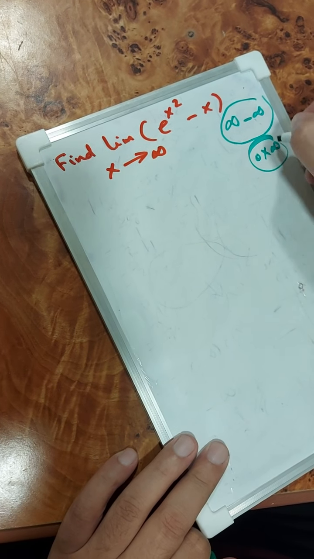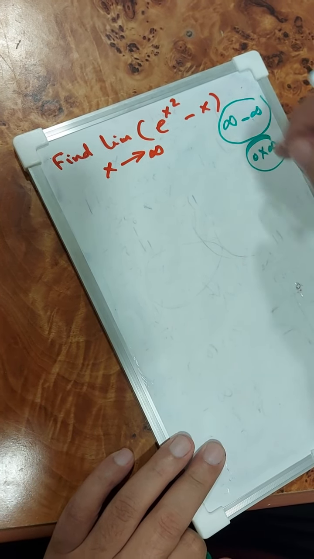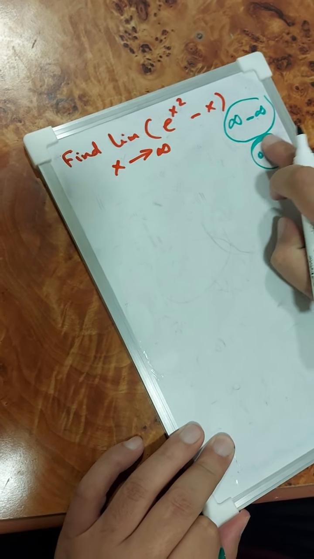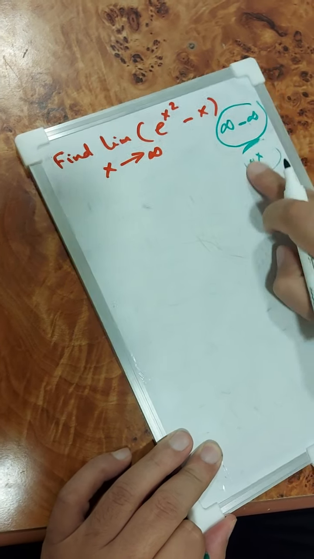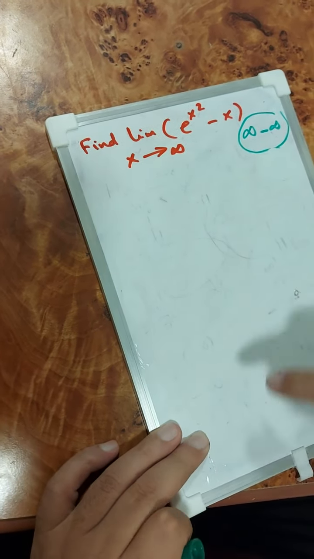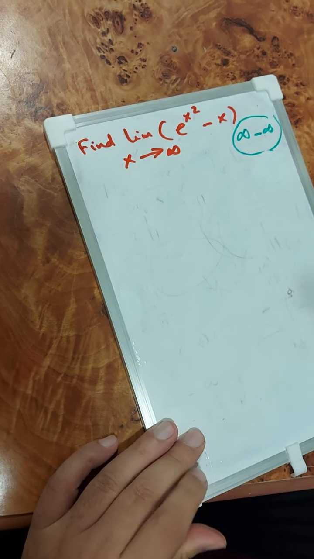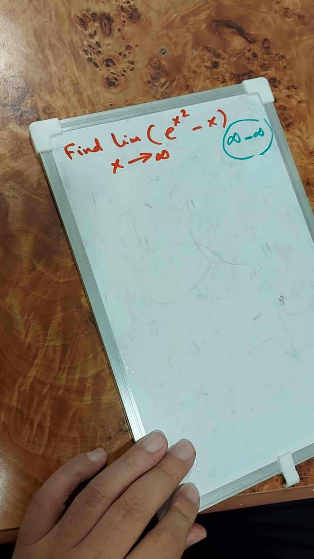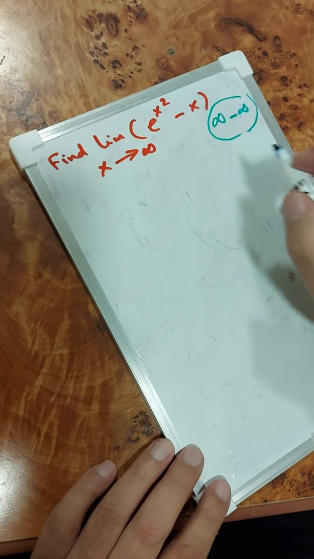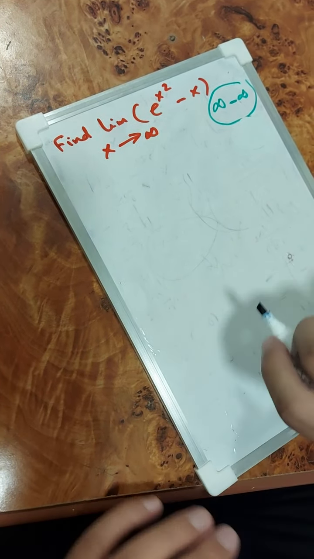Then we will change this indeterminate type to 0 over 0 or infinity over infinity. So our strategy now is to take a common factor to change the indeterminate type infinity minus infinity to first 0 multiply infinity, then we will change it to 0 over 0 or infinity over infinity according to the problem.